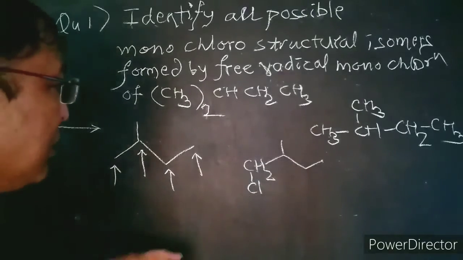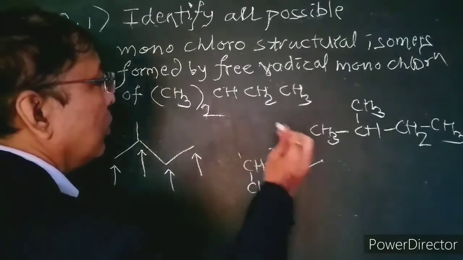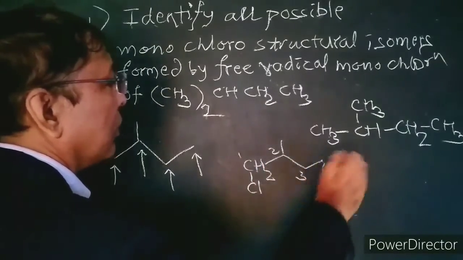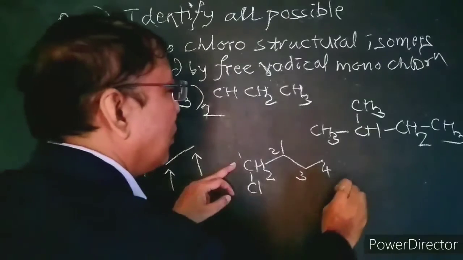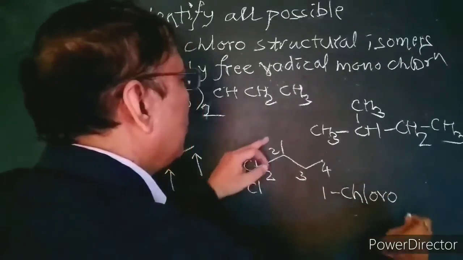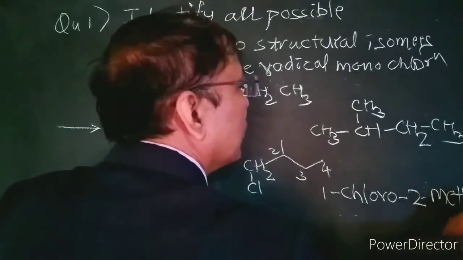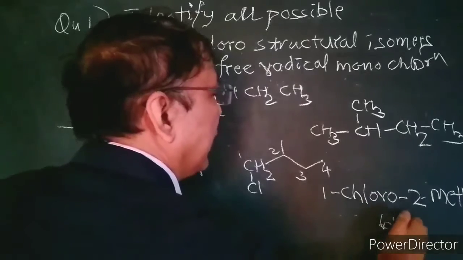What is the name of this molecule? 1, 2, 3, 4. So what is the name? 1-chloro-2-methylbutane.